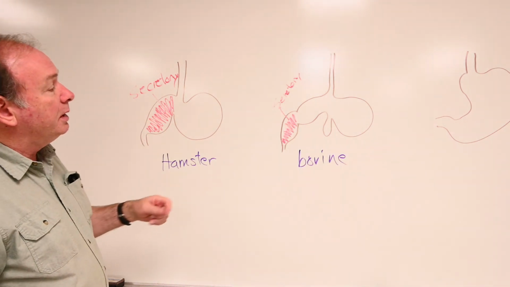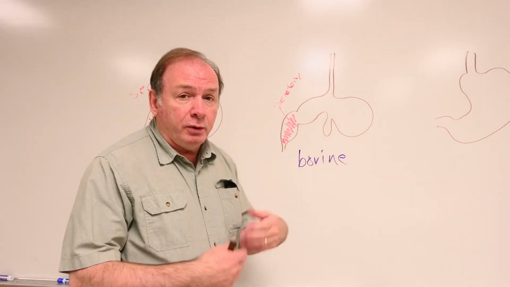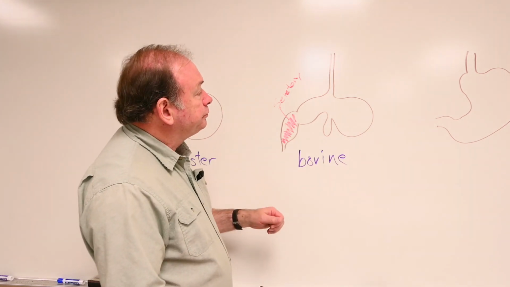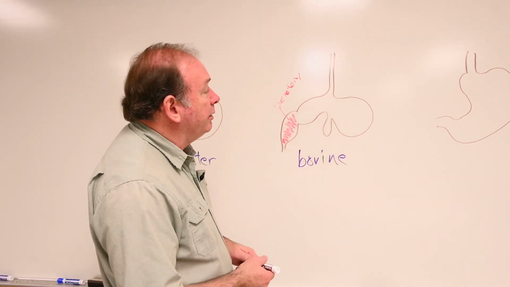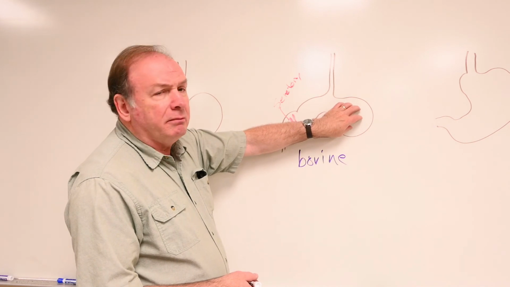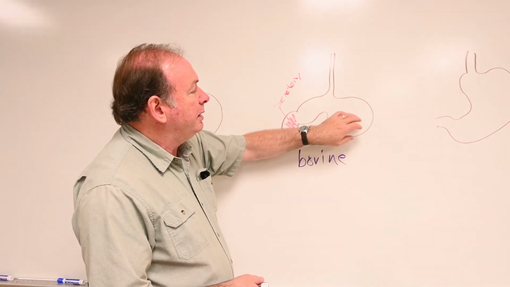The bovine, the cattle, the ungulates that chew their cud have a special kind of stomach. The food comes down and first goes into a region of the stomach that's for storage, and a lot of bacterial fermentation of the material goes on in here.